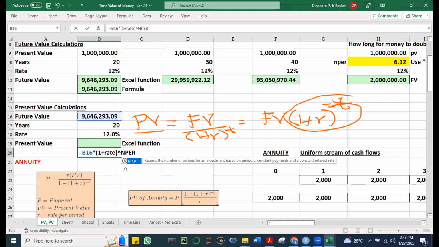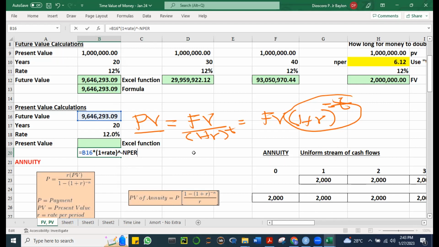Okay, so that's our formula. So this is our future value multiplied by 1 plus the rate raised to the NPER. Sorry, it should be negative NPER. So there should be a negative sign here.